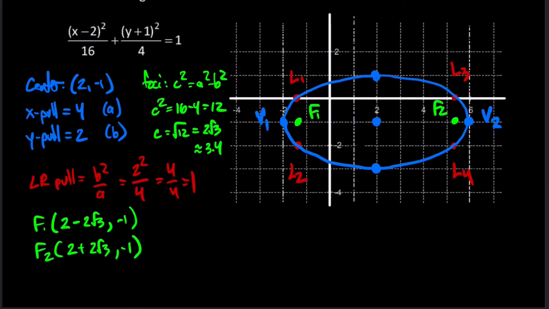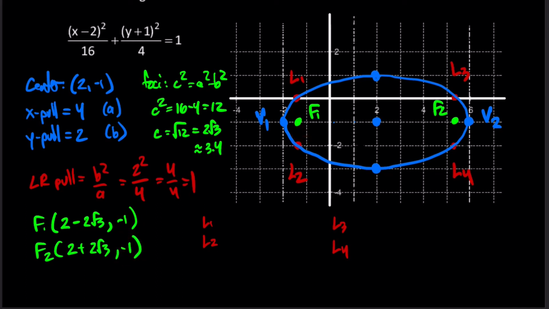Now, to get the L1, L2, L3, and L4, here's what I do. I take the coordinates of F1, so this one, and I add 1. Now, you can see from the graph, obviously, this is pretty easy to do, but let's say the coordinates are messy. Add 1 to the y coordinate, and then for L2, I'll subtract 1 from the y coordinate.